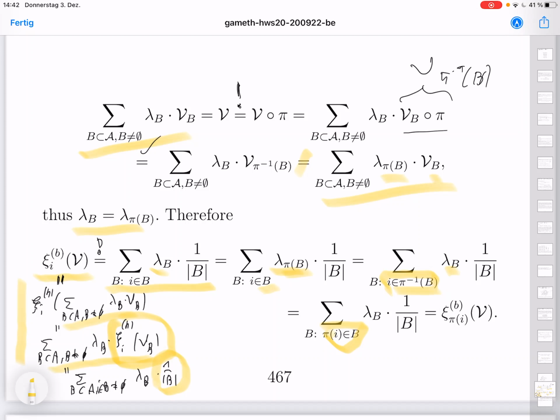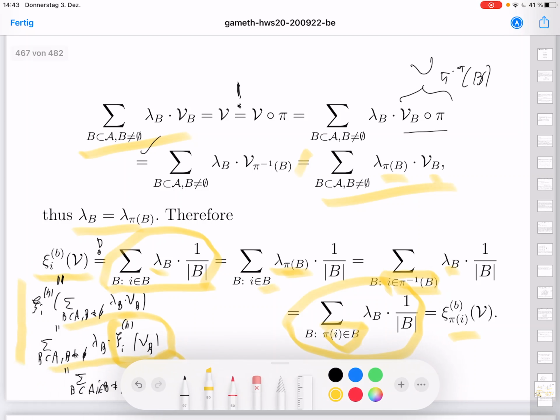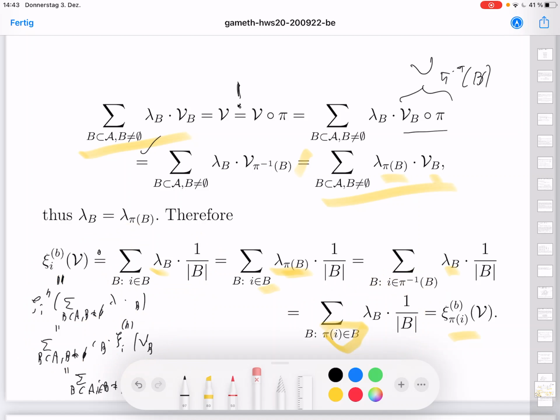And here we see that it's the other value, psi I B of pi of I of V. So it's the same formula as here upstairs. This formula is the same one for the index pi of I instead of I. I'm sorry for this mess with all these yellow colors, it's not nice.